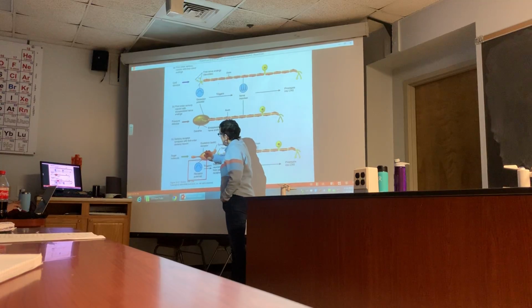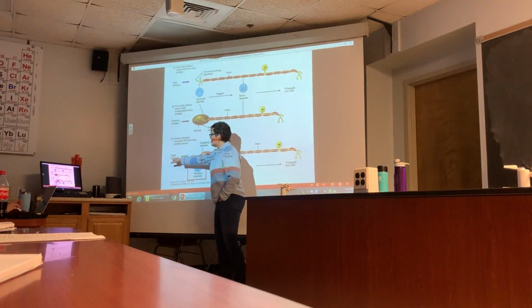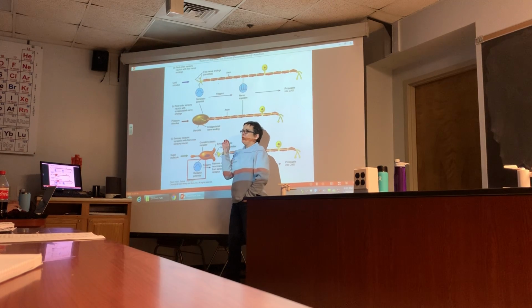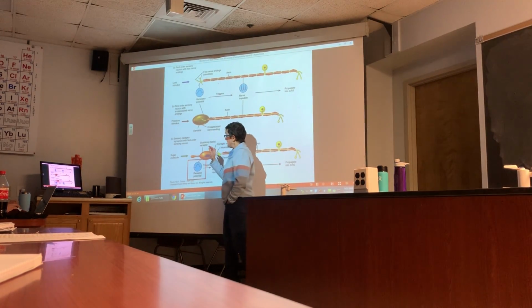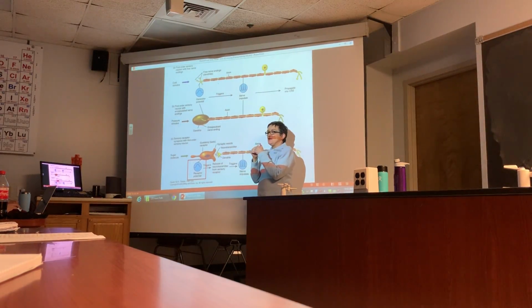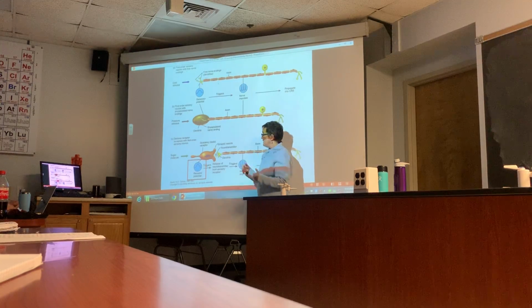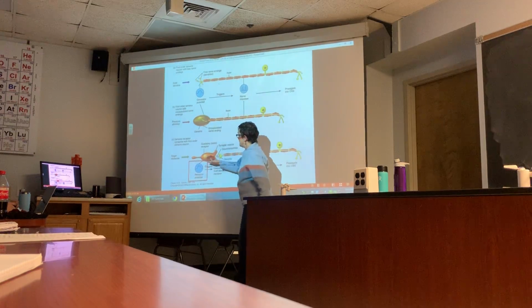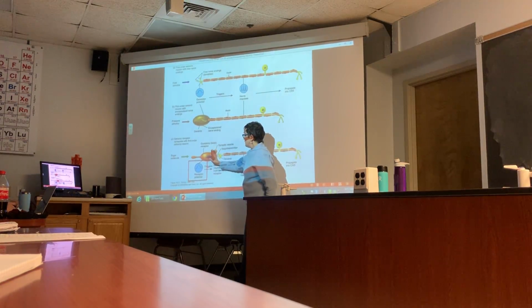So you stimulate a taste receptor with a sugar molecule, or you stimulate your Merkel cells with touch. And in the case of Merkel cells with touch, you're going to open up mechanically gated channels. You're going to let in sodium ions or some kind of positive ion. That's going to depolarize the membrane of this cell, and that depolarization triggers the release of neurotransmitters.